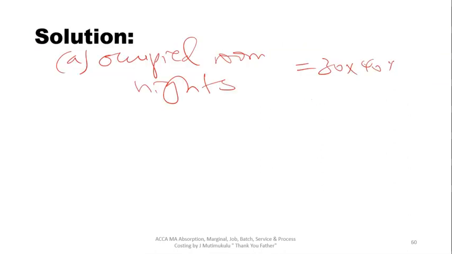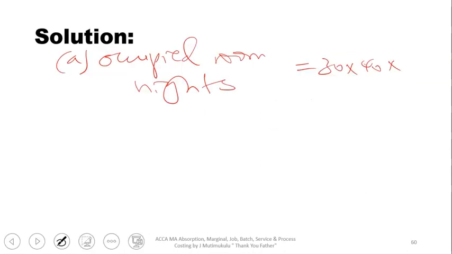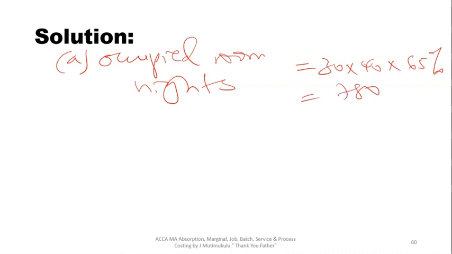So that's 40 multiplied by the potential occupancy. Okay, that's the percentage occupancy, 65%. And we should get our figure there in terms of the occupied room nights. So that's 30 multiplied by 40 multiplied by 65%. We are having 780 occupied room nights. All right, then we're done with our first part.